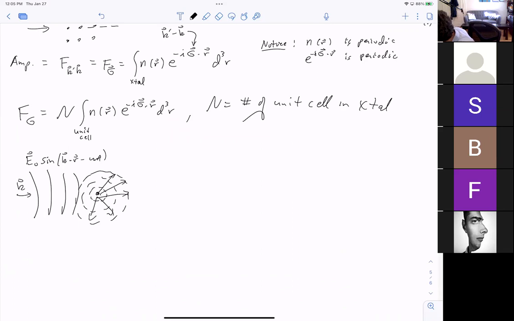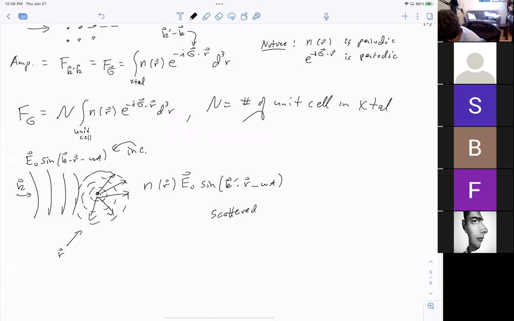If that point is R, the scattered wave will be N of R times E naught, keeping the polarization, sine K prime dot R minus omega T. So this is the incident wave, and that's the scattered wave. Does that answer your question?